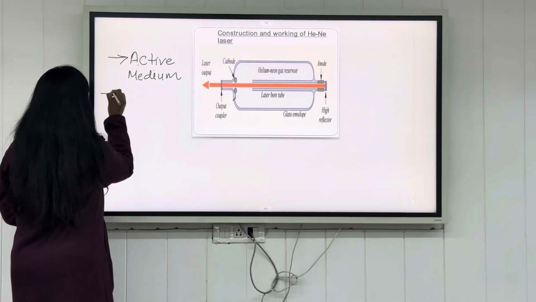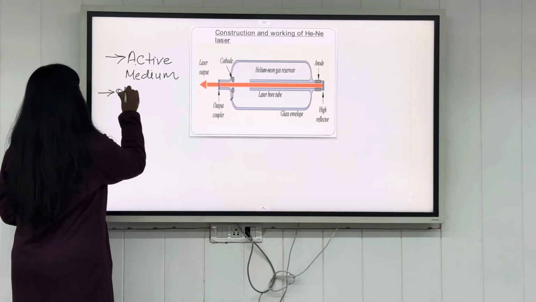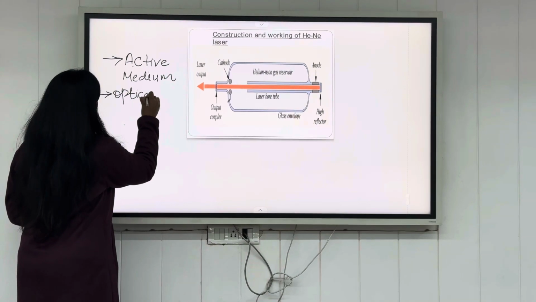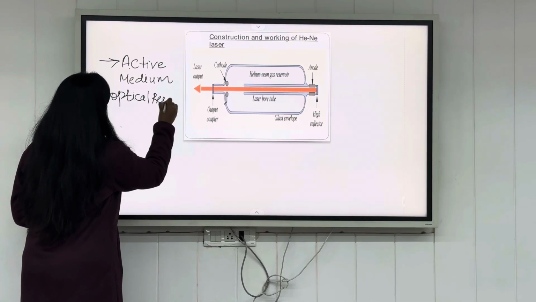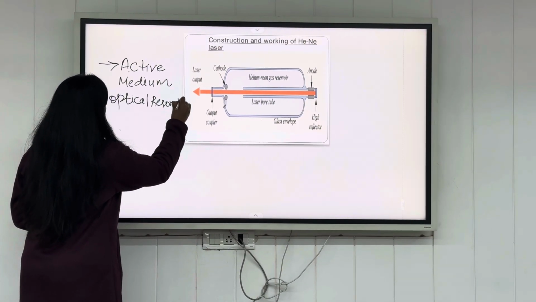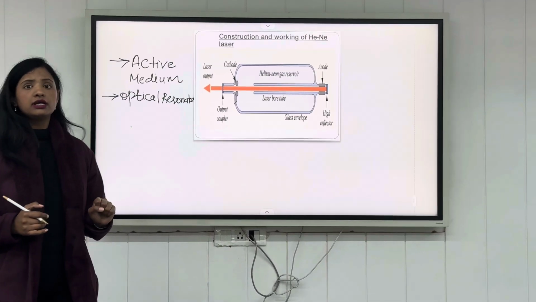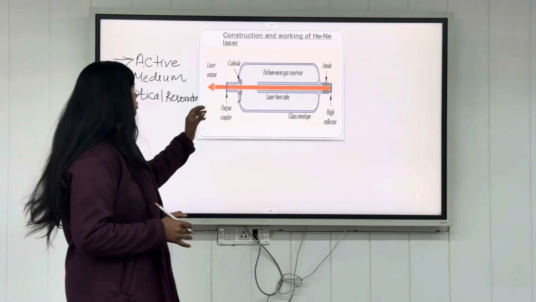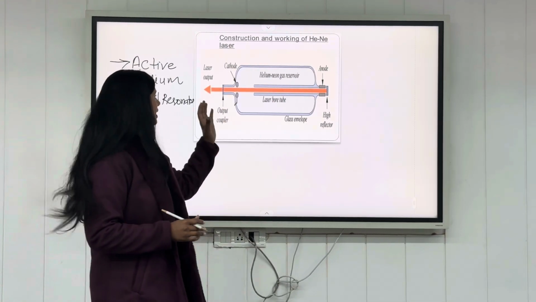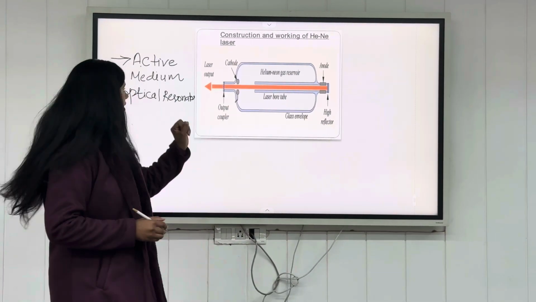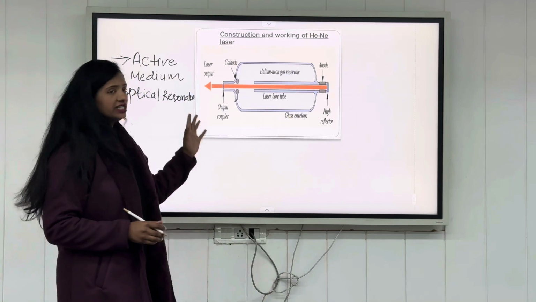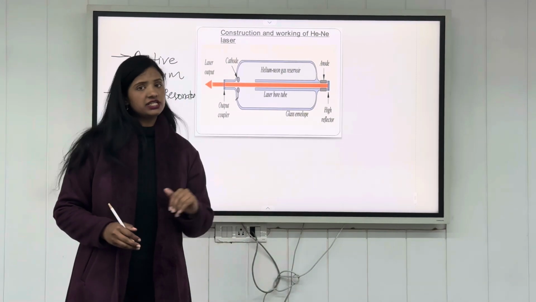The next component is optical resonator. Optical resonator consists of two mirrors placed parallel to each other, out of which one is completely reflective and the other one is partially reflective.